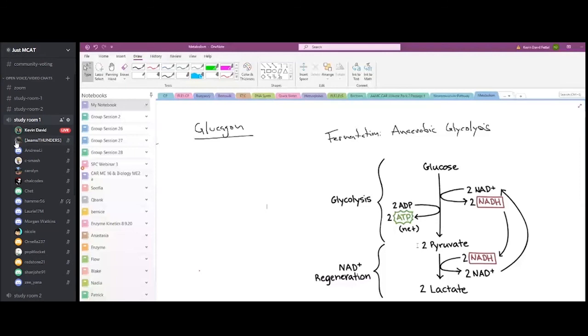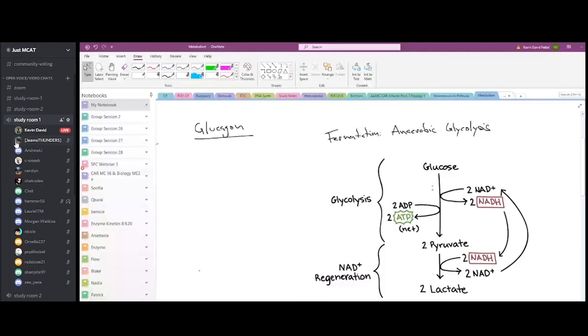So that's not a viable avenue anymore. So in order to regenerate the NAD+, the proton that the NADH is carrying has to be dropped off. And it's going to protonate pyruvate and turn it into lactate or lactic acid. So you can regenerate that NAD+ to continuously do glycolysis, right?